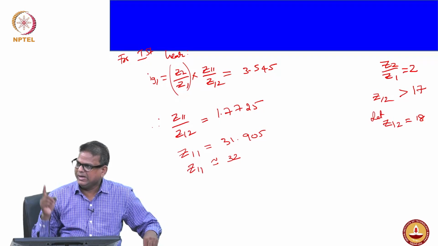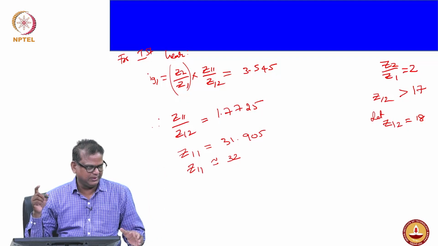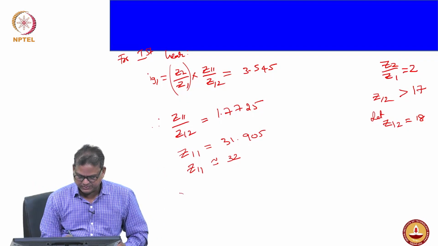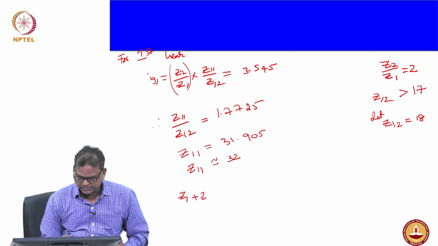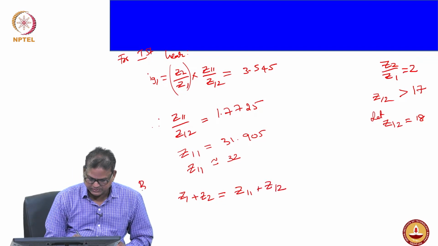Using center distance, refer to your ray diagram, the number of teeth Z1 plus Z2 must be equivalent to Z11 plus Z12 based on the center distance.